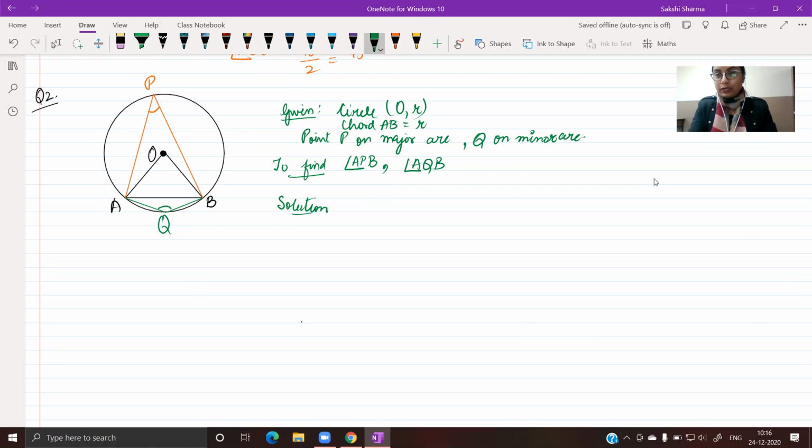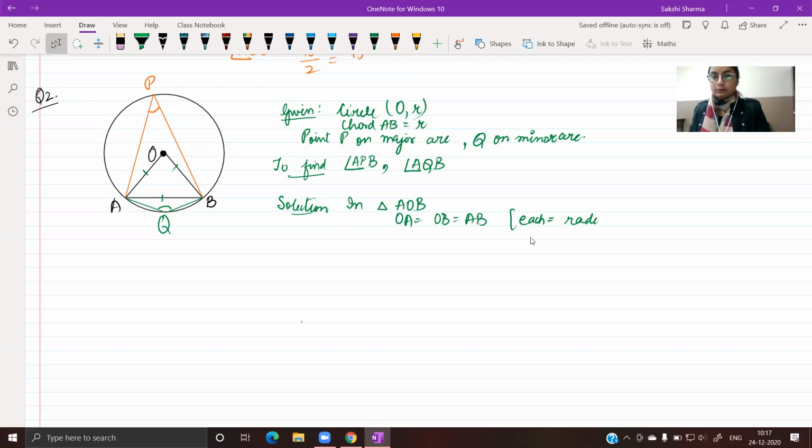We don't have to prove anything, so I've not written that way. I can simply write down that each equals R. R represents the radius of the circle here.